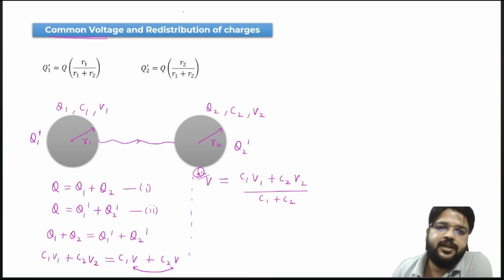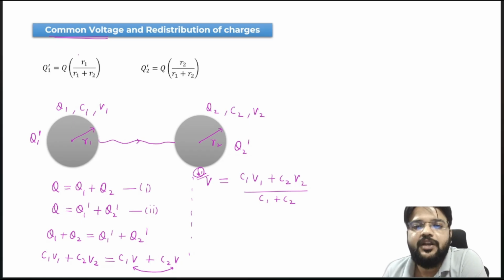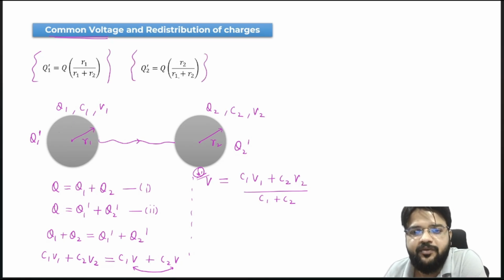Now we want one more thing, everyone. We want the final charges after redistribution. So the final charge on the first conductor is Q R1 by R1 plus R2, and the final charge on the second conductor is Q R2 by R1 plus R2. How will we get this result, everyone? See it. After connecting the wire, the potential is the same, so V1 is equal to V2.